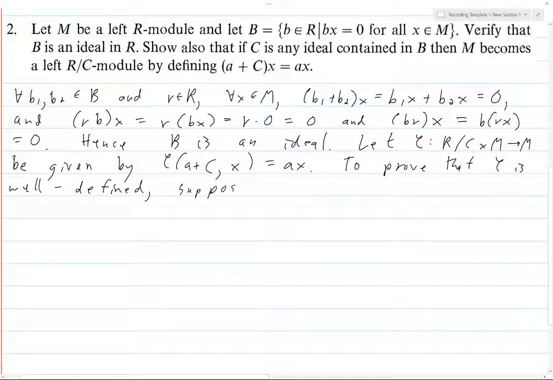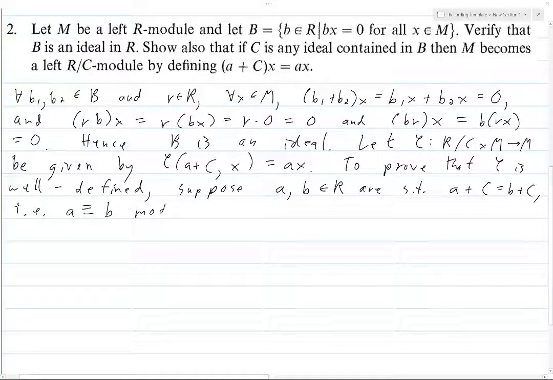Suppose a and b in R are such that a plus C equals b plus C, i.e. a is equivalent to b mod C, i.e. a equals b plus little c1 for some little c1 in big C.